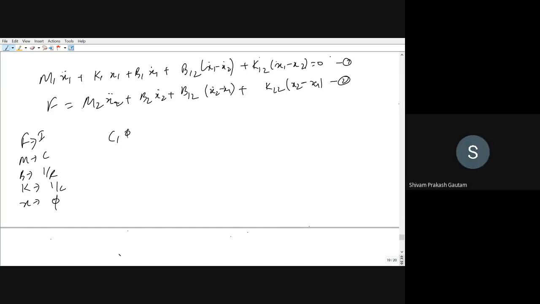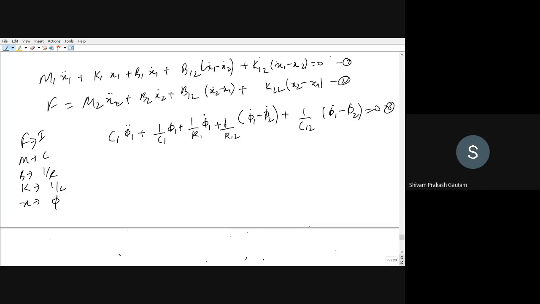So C1 phi1 double dot plus B1, analogous to 1 by R1, phi1 dot, plus B12, which is 1 by R12, (phi1 dot minus phi2 dot), plus K1, which is 1 by L1, phi1, plus K12, which is 1 by L12, (phi1 minus phi2), is equal to current. This is equation number 3.